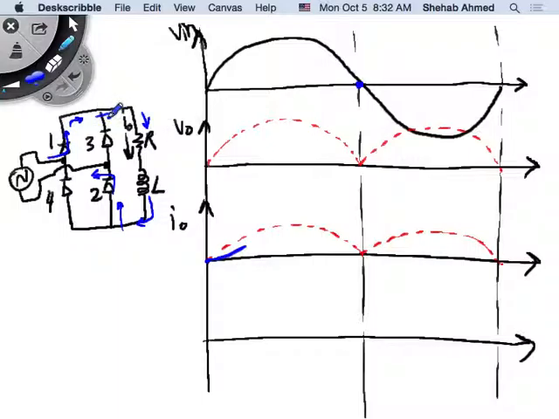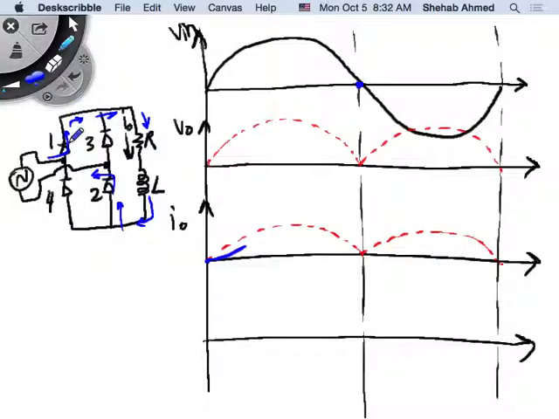So current will not flip polarity. We agree? Current can lag, maybe, if it has the proper conditions to lag the voltage. Like voltage may go negative and current be lagging and still positive. That's fine, if the conditions exist.